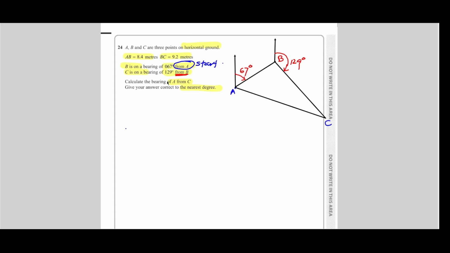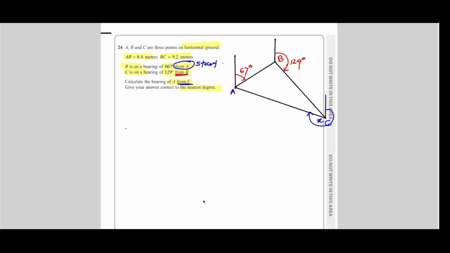Now let's draw in this line. Next point is from C. Go to C and draw the north line, and rotate clockwise until you get A. So this is the angle that we need to get.